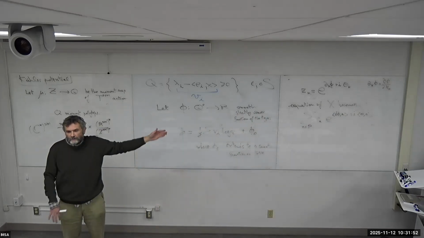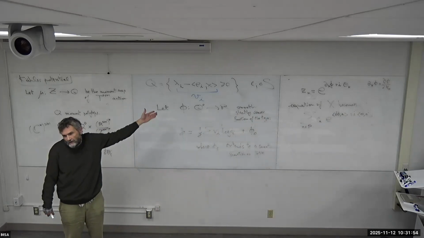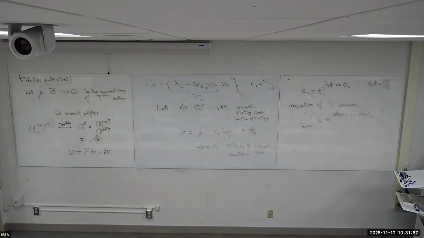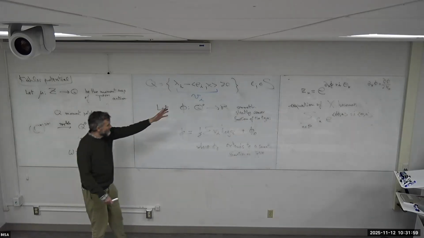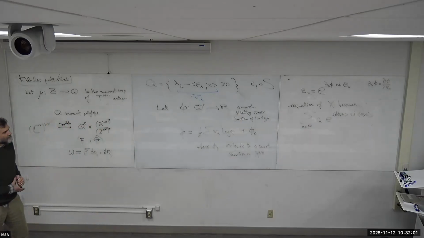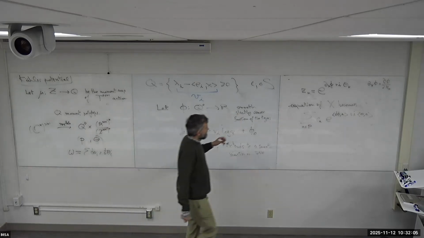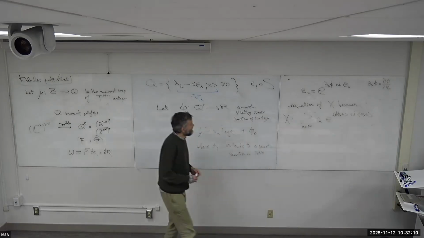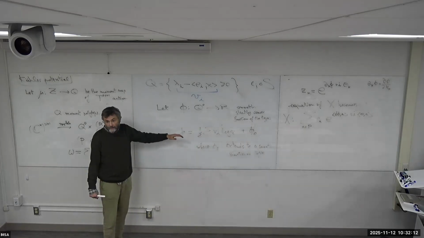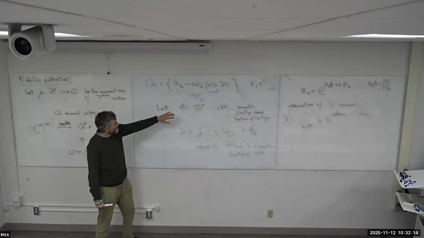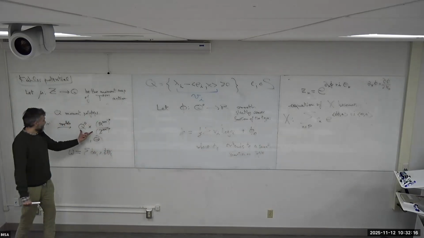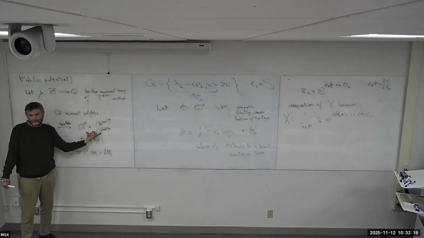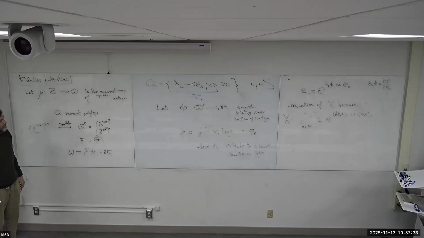But locally, you can also use the v_i's as coordinates, and then you just have to also change the theta, but that's okay. And these coordinates extend to the boundary, so this compactifies to the actual toric variety corresponding to Q.